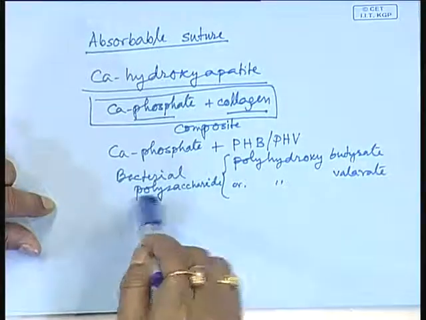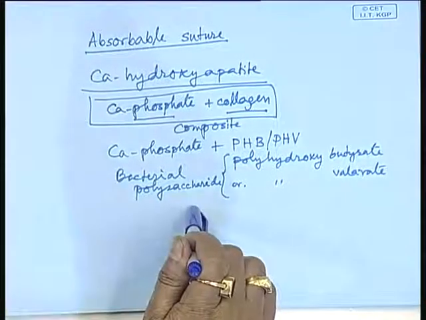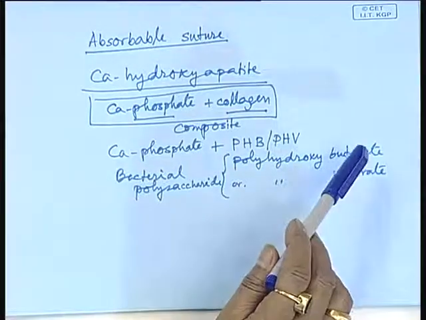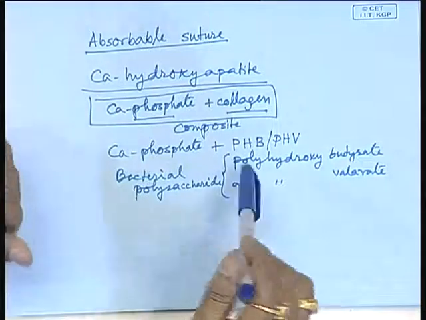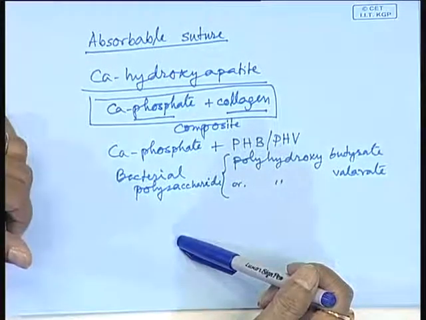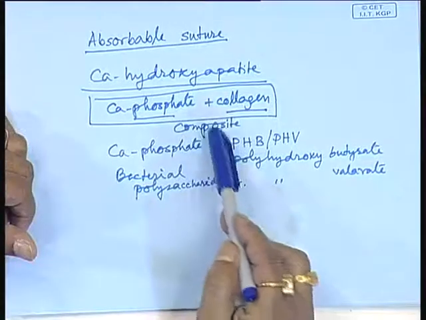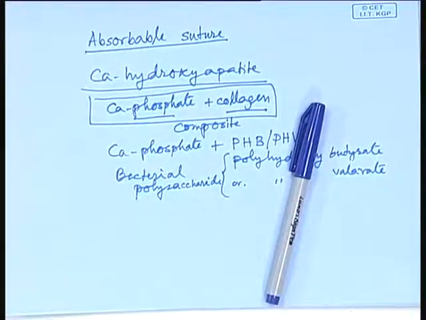These polysaccharides or collagen or other biodegradable polymers, say polylactic acid, polyglycolic acid, polylactic co-glycolic acid copolymer, with this calcium phosphate or bioactive materials or calcium hydroxyapatite, will form a composite that can be used for replacement of bone.